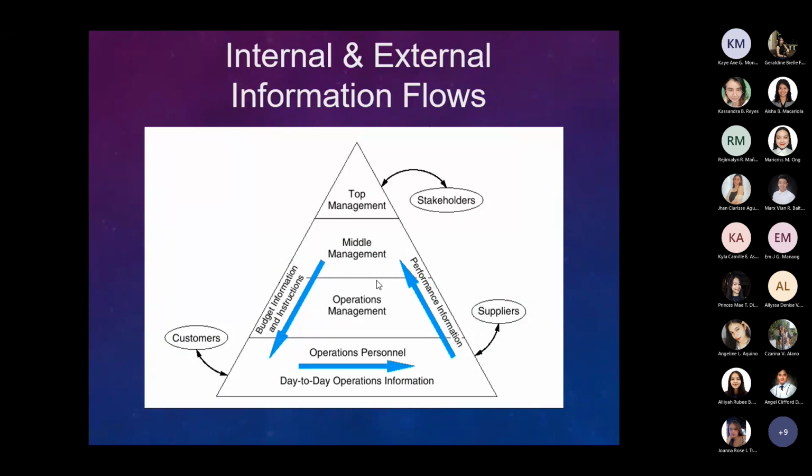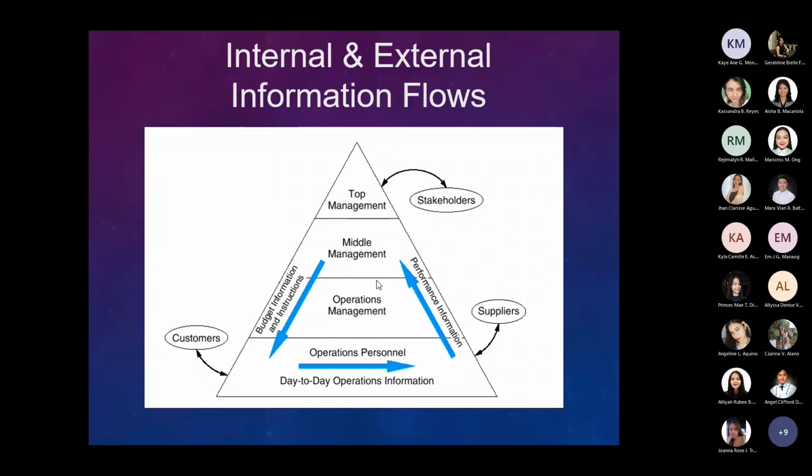Ganun ka-detailed. Pero pagdating sa middle management, kailangan niya ba yung buong detalyeng yon para masabi ilan ang na-produce natin? 10,000. Tapos, ang sinasabi lang dito, pag mas mataas, more consolidated, more aggregated, more general. Lalo na sa top management. Sa top management, it is the company as a whole ang pinag-uusapan.